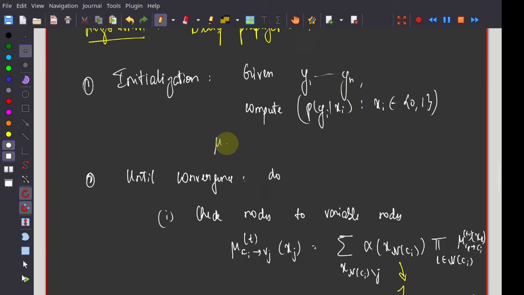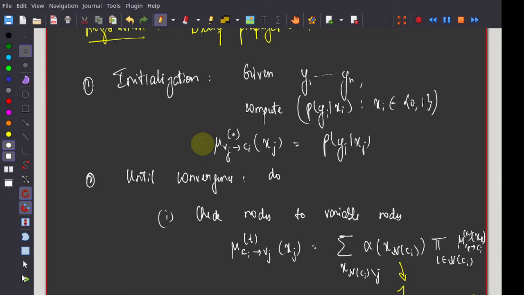This is some algorithm. So it's basically the generalized distributive law if the factor graph does not have any cycles.